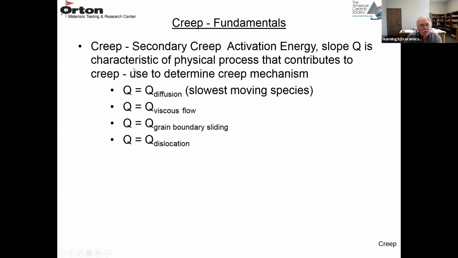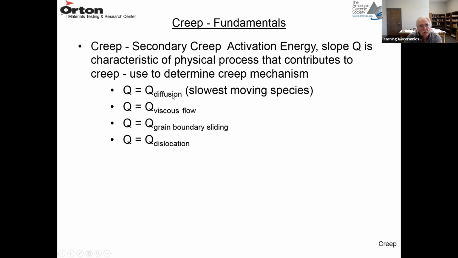So the slope gives Q, and that's an activation energy that's characteristic of a different type of process that contributes to creep. So you can use the value of Q to determine the creep mechanism.